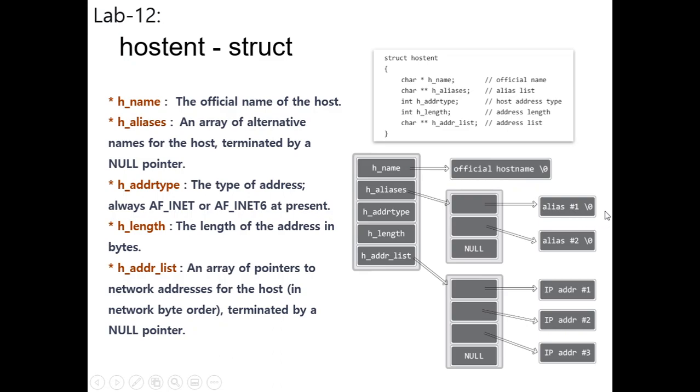Even though we didn't have to worry about it, we have to understand what we are actually seeing right here. This slide was about that, to make you understand what you're dealing with, even though you don't have to deal with deep technical details of DNS. But you should know what h_name is, what h_aliases is, and what h_addr_list is. And I believe now you understand what these are.